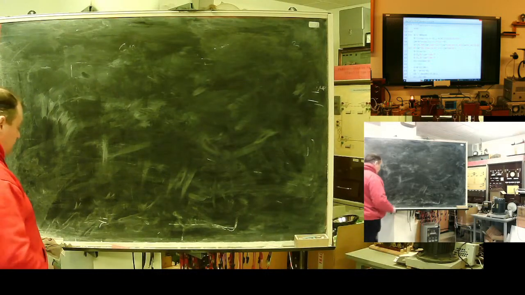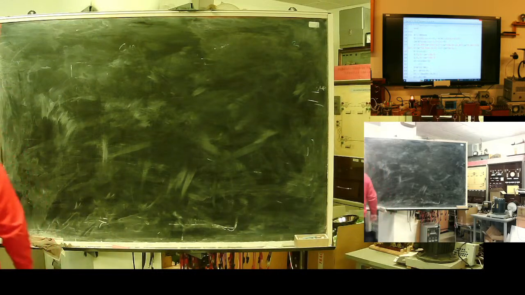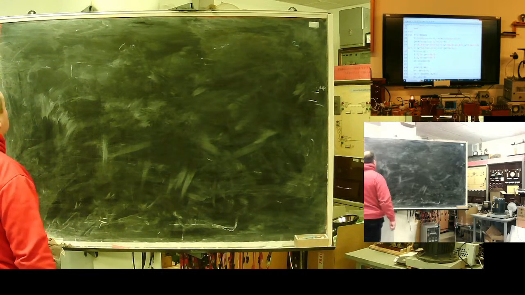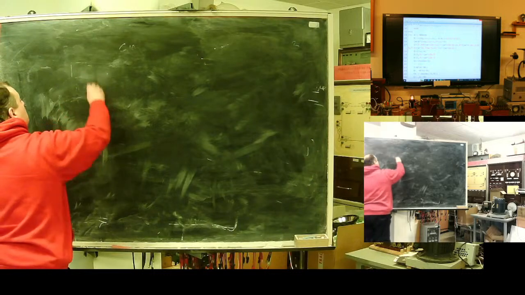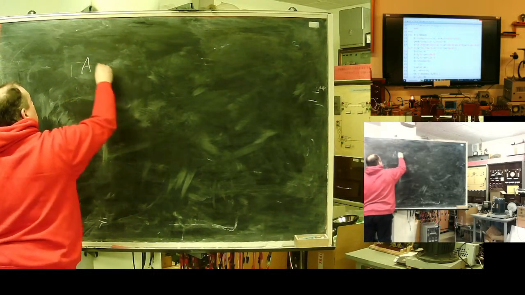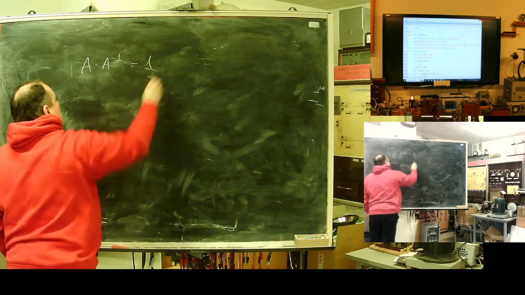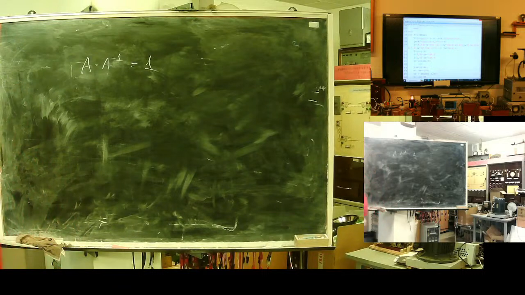How can I do it? I can apply Jordan's technique. Actually, if A is a square matrix and it is multiplied by its inverse, I should get a unity matrix.